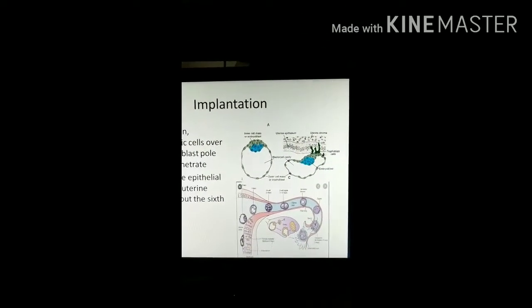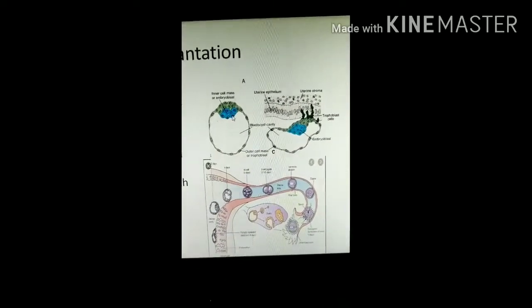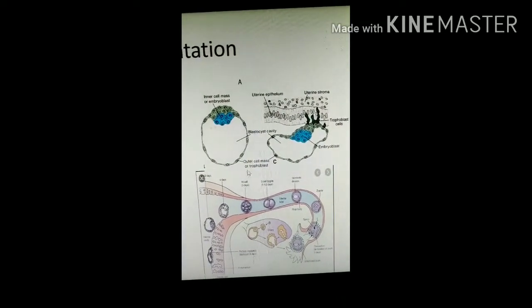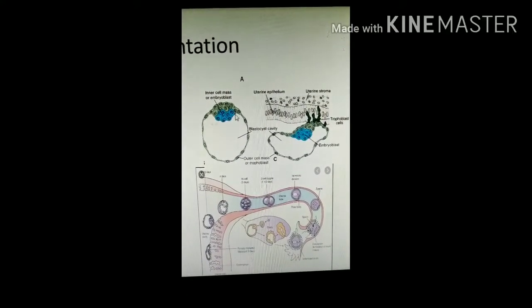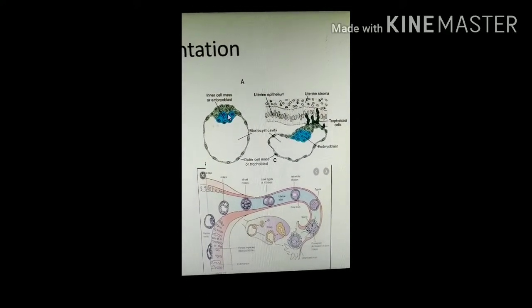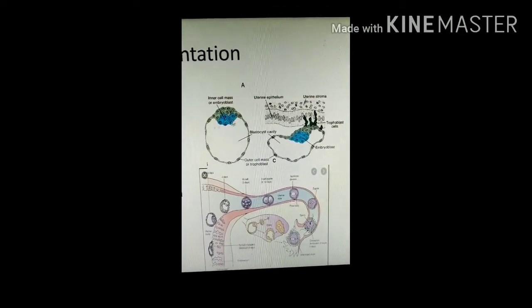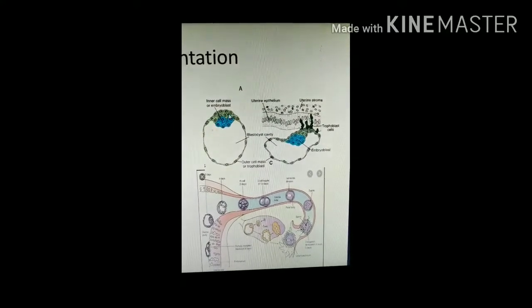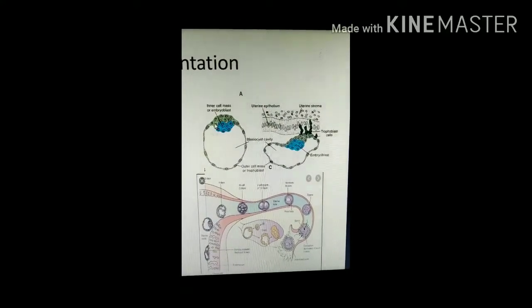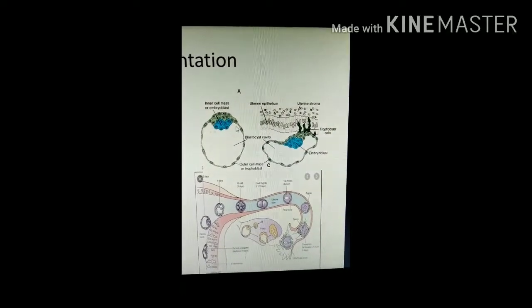Now, implantation. In this figure, this is the blastocele, with two poles. At one pole the inner cells of the embryoblast are present, the embryonic pole. And this region is the trophoblast covering the embryoblast.